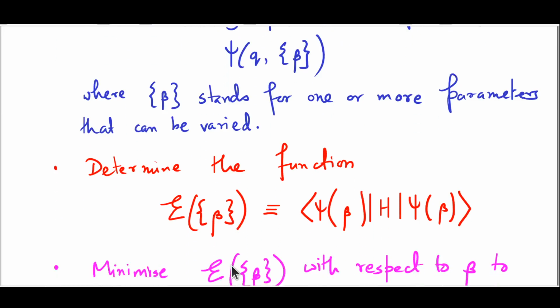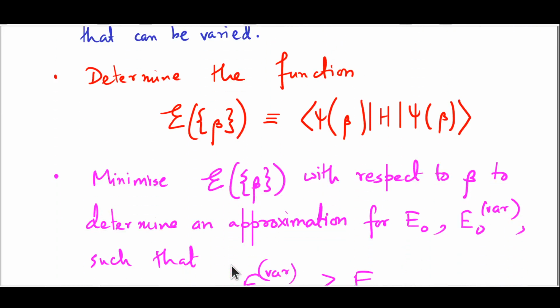And now, what we can always do is look for the minimum value which curly E of beta takes within this family. That is, we vary beta and minimize curly E of beta with respect to it. And this lowest possible value of curly E of beta within the family we have chosen gives us an estimation or approximation for E0.